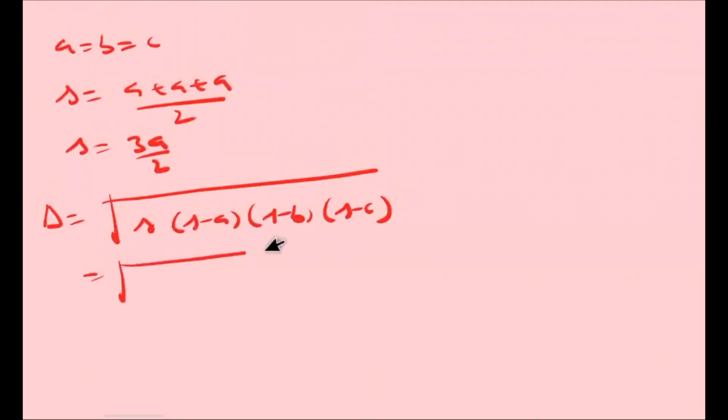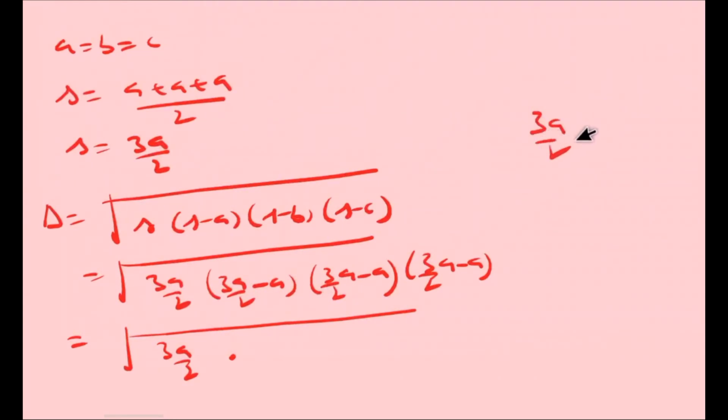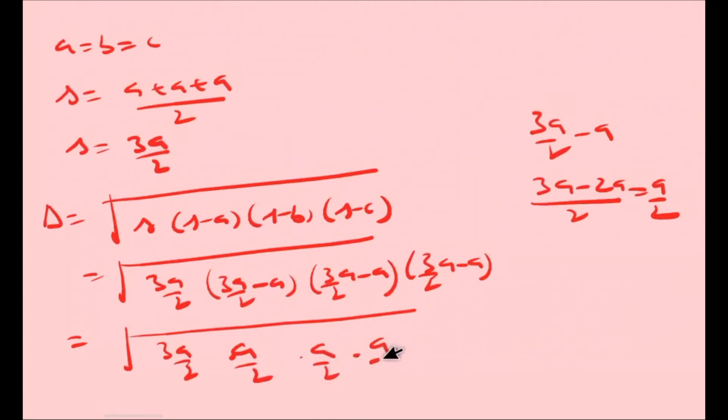So s is 3a by 2, s minus a is 3a by 2 minus a, here is also 3a by 2 minus a. Taking LCM, this way you can get a by 2. So a by 2 into a by 2 into a by 2.